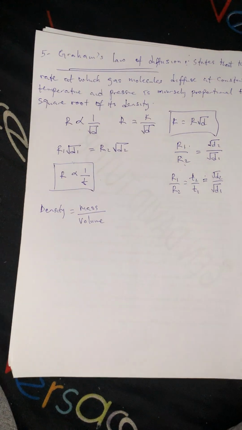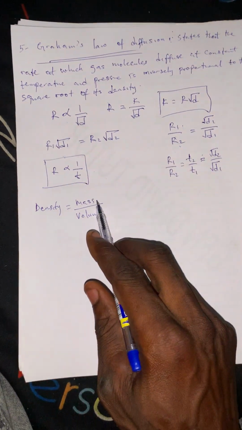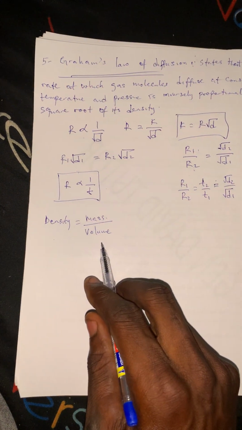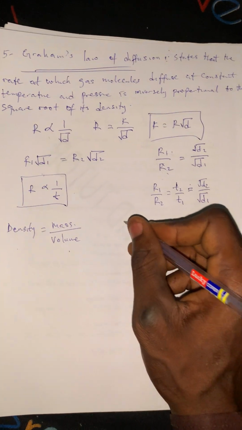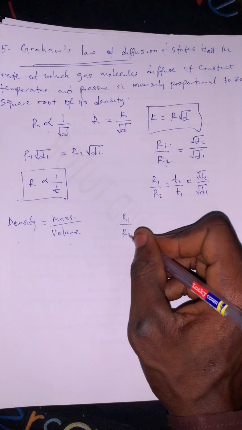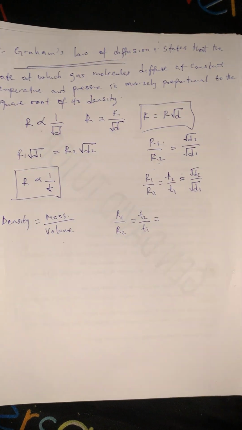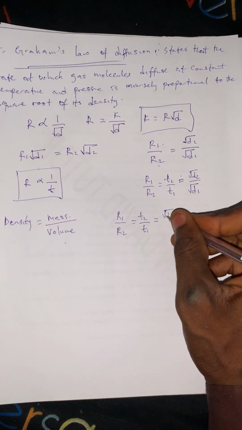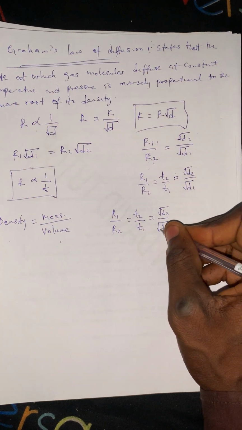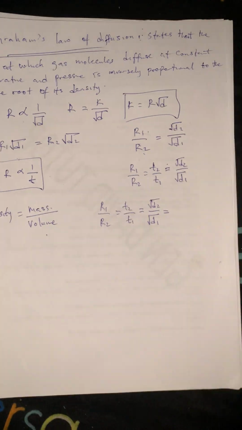So that means density is directly proportional to mass, but density is inversely proportional to volume. So our formula becomes r1 over r2, which is equal to t2 over t1, and it will be equal to square root of d2 over square root of d1, which can still be equal to.